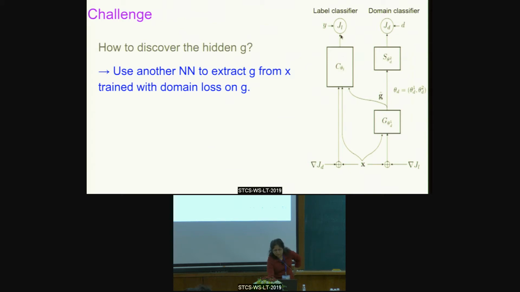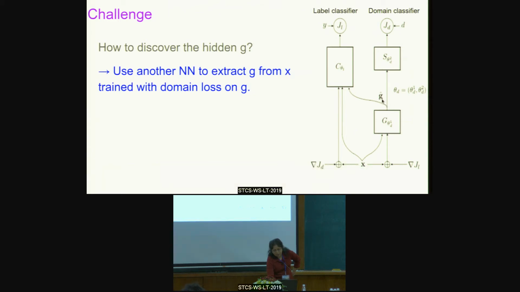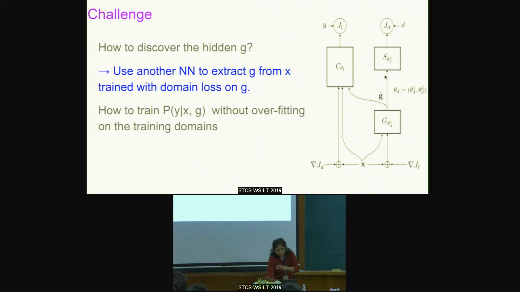This is the label classifier's loss J_L, and it's supervised on the correct label Y. In addition, from X we use another neural network, and that network's last layer gives us G. To make sure that it is G and not something else, we have a domain classifier which tries to predict the domain label from this G. So we just use another neural network to extract G from X. That is the simple initial architecture design.